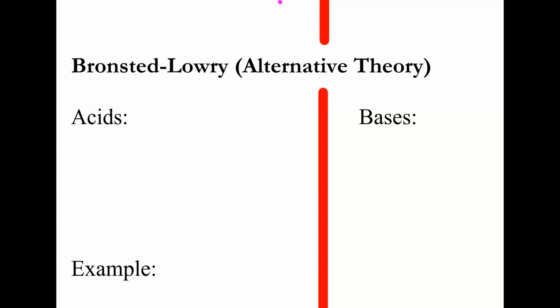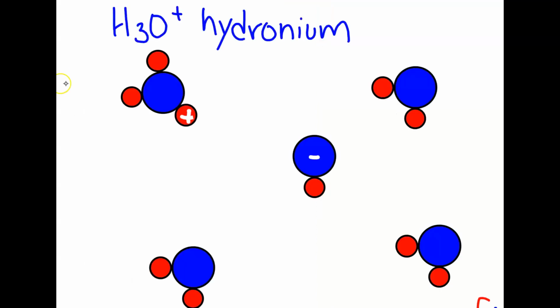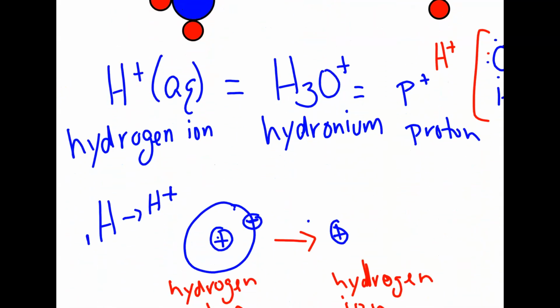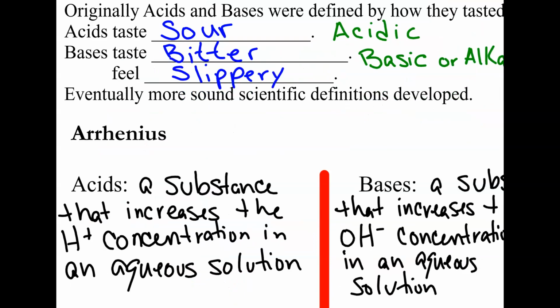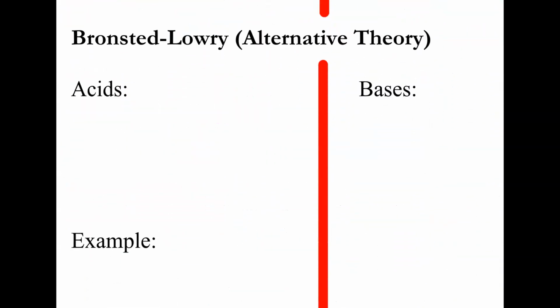So for acids, we're going to talk about acids as donating a proton. Remember that a proton is the same as a hydrogen ion in solution, the same as a hydronium ion. So I'm just going to jump down to this slide where we talked about this, where a hydrogen ion can also be talked about as a proton. So Bronsted and Lowry's definition uses the term proton instead of hydrogen ion.